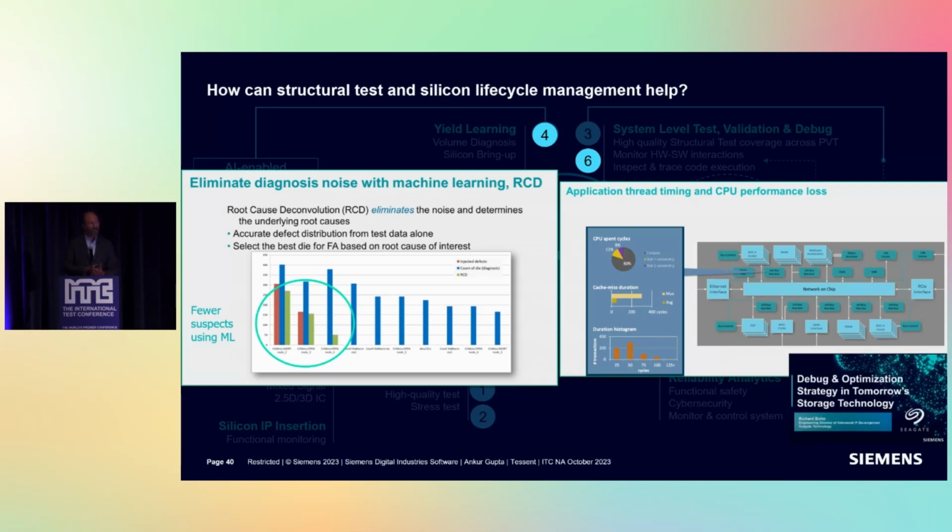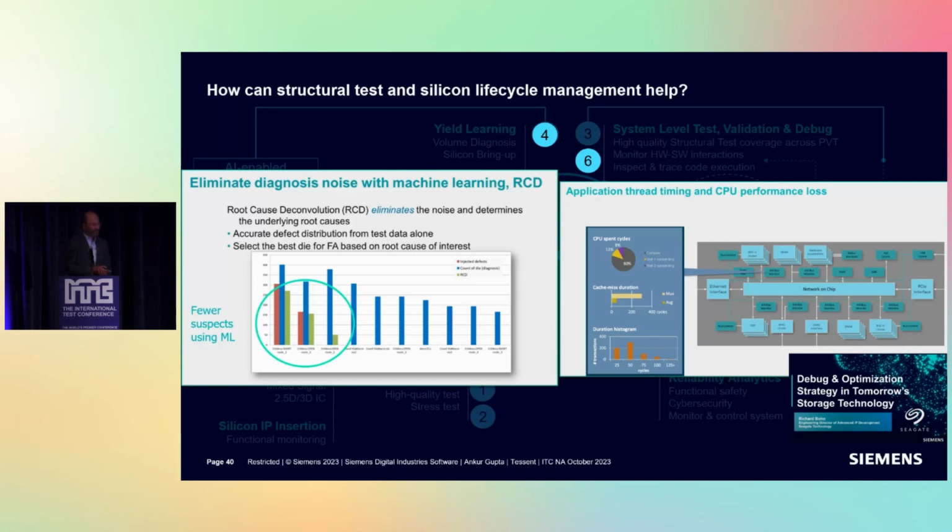For this final piece, if you haven't already checked out a paper by Richard Bone from Seagate, he presented at the Siemens user-to-user conference earlier this year, a very powerful paper on debug and optimization strategy and how it enables Seagate to build the next generation disk management with, I think he said, 30% faster, better capabilities.